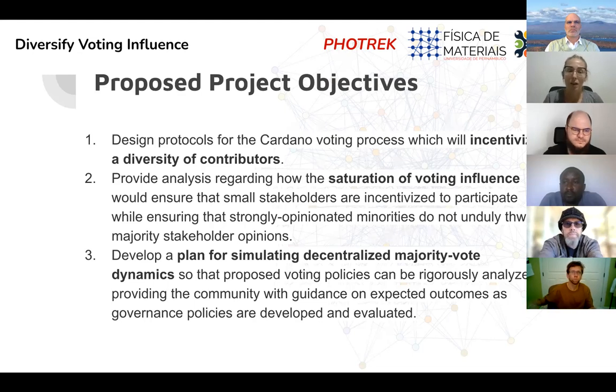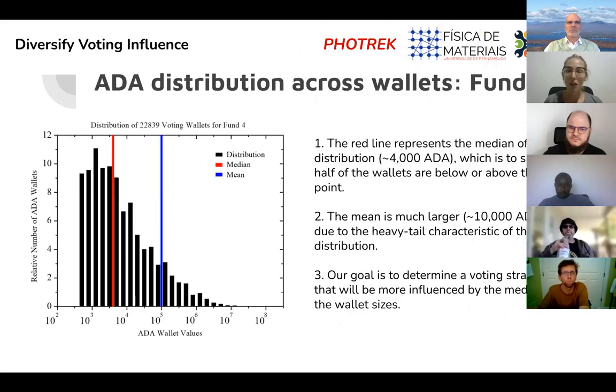How does it work that this one group, how much control do they actually have over the vote versus others? And then finally, to actually develop a plan for what we want to model in phase 2. So there's the overview, and then I'll pass it on to Andre for some of the more specific details.